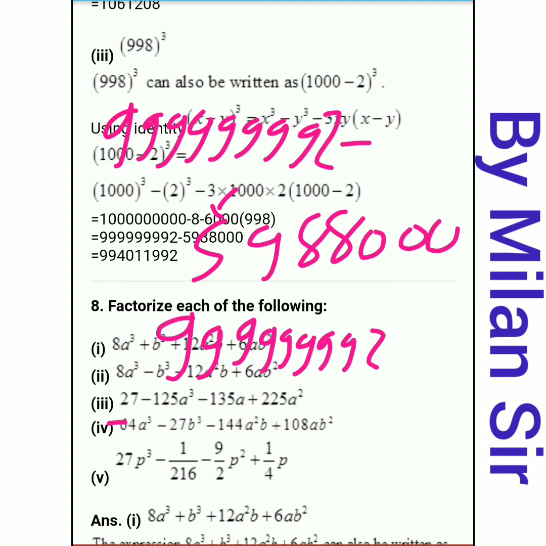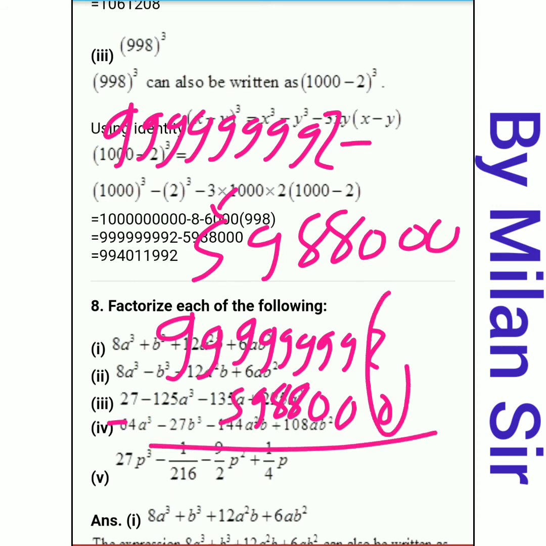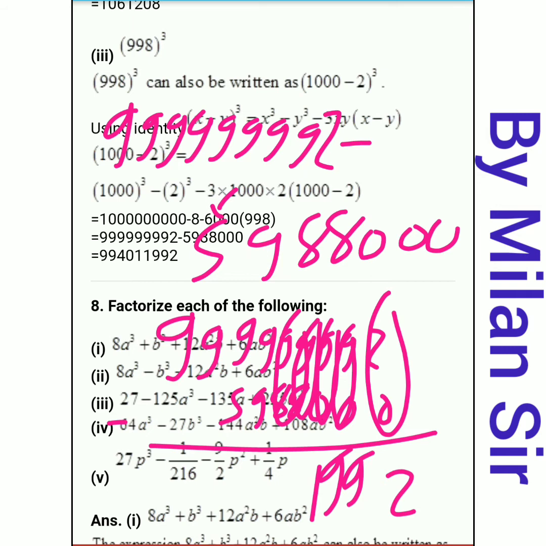We need to subtract here 30, then 8 8 9 5. Then subtraction: 2 minus 0 is 2, 9 minus 0 is 9, 9 minus 0 is 9, 9 minus 8 is 1, 9 minus 8 is 1, 9 minus 9 is 0, 9 minus 5 is 4, and the remaining 9s and 2 remain as it is.